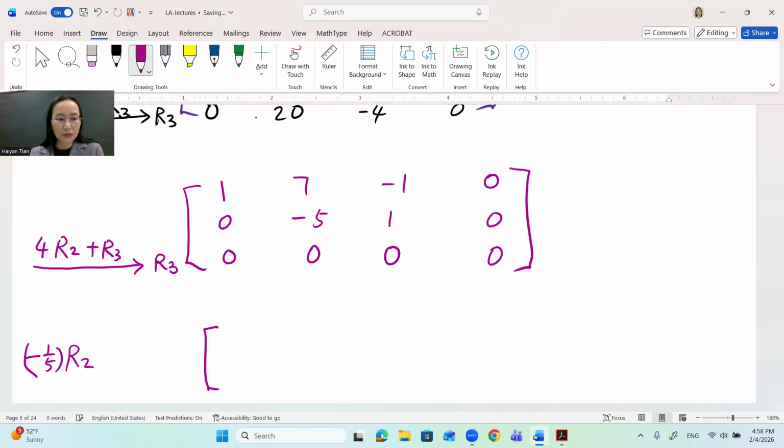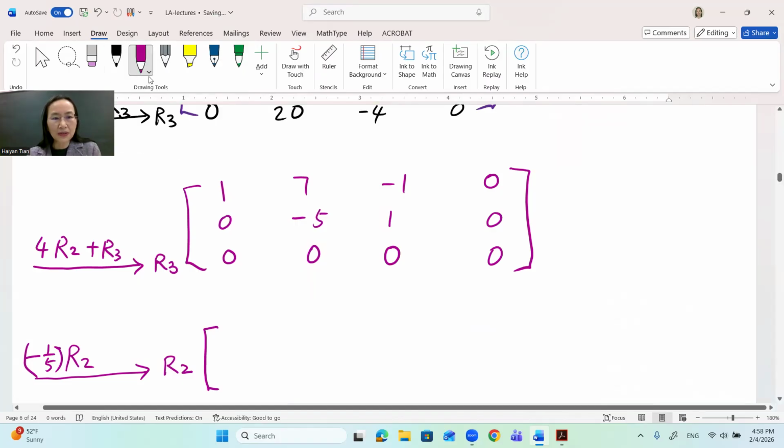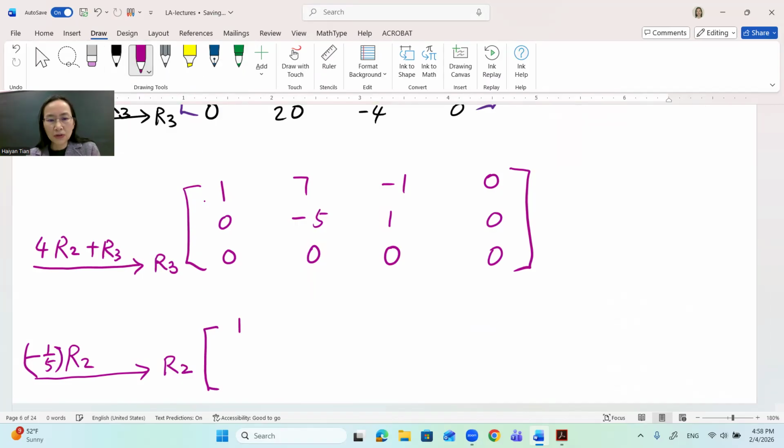So let's say row 2 divided by -5. So that's a scaling. That means we keep everything else the same. First row, same as before. Third row is a row of zeros, same. And then the second row is a scaling.